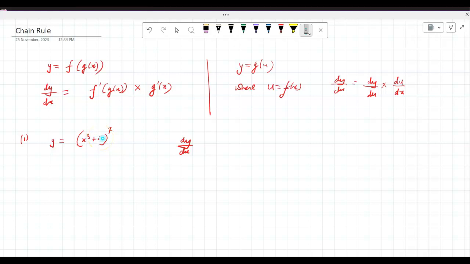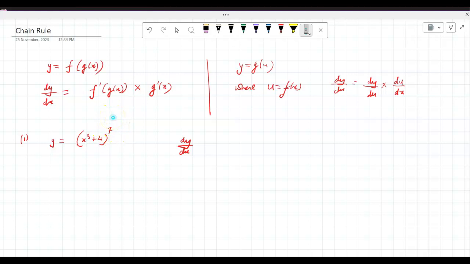Ignore what's inside, be blind to it. You look at this bracket, this is my outer function, raised to 7. The inner function is x cube plus 4, the whole raised to 7.